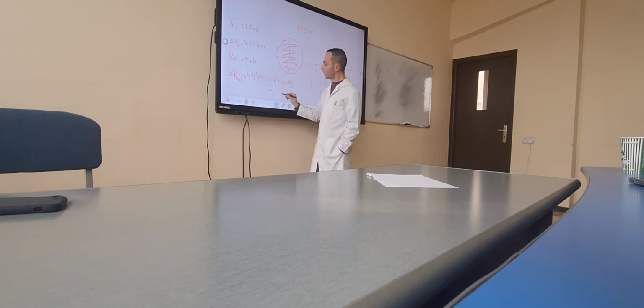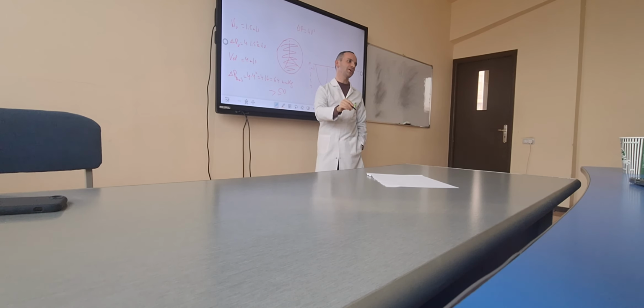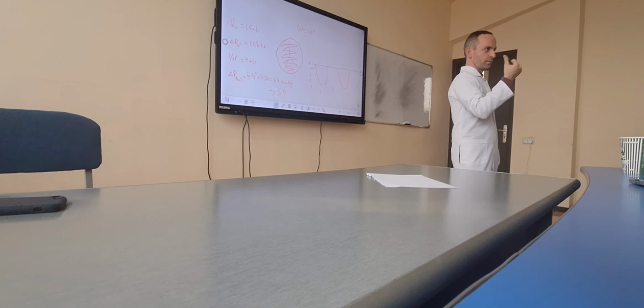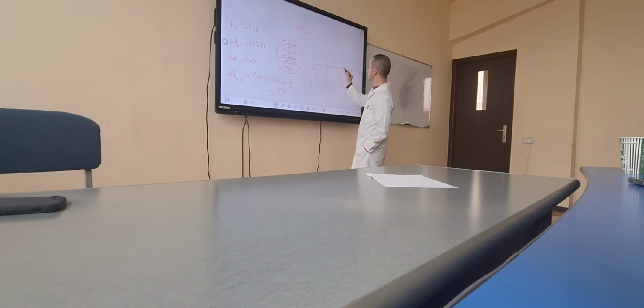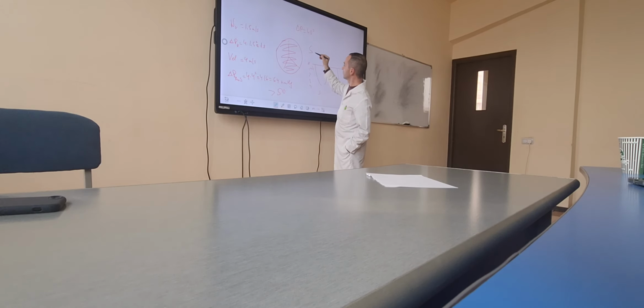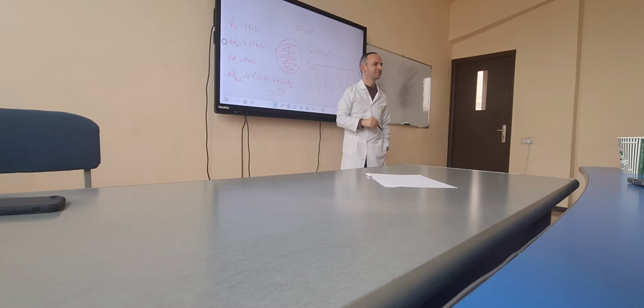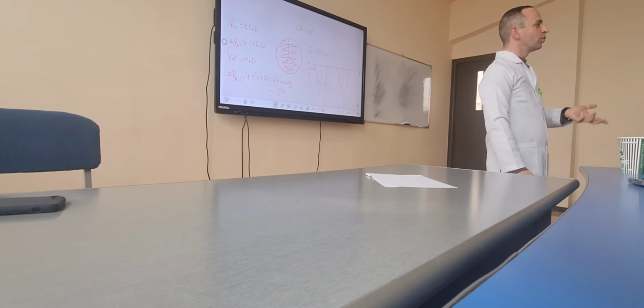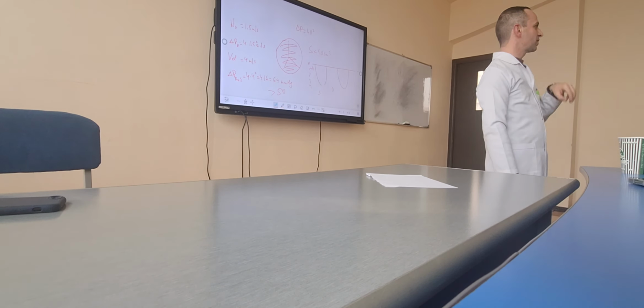If the gradient is above 50, it already indicates severe stenosis, which means that there are special tables. But approximately I'm telling you that the surface is less than 1 square centimeter. So by measuring pressure gradient, we can judge about the surface.